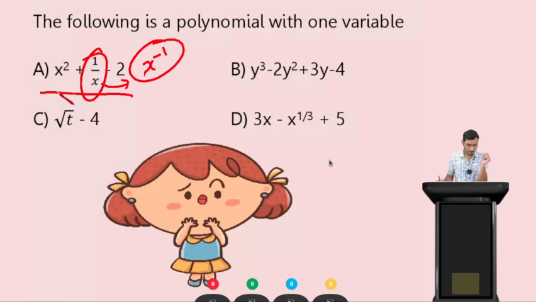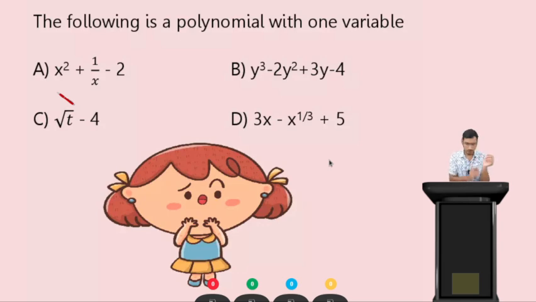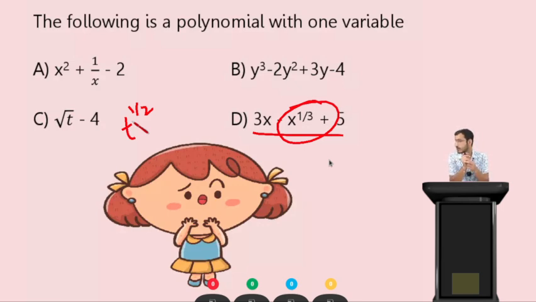Now the third one, root t minus 4. Here you can see t to the power 1 by 2, because square root means power 1 by 2, so it's not a polynomial. And here the power of the variable is a fraction, 1 by 3, so it's not a polynomial.